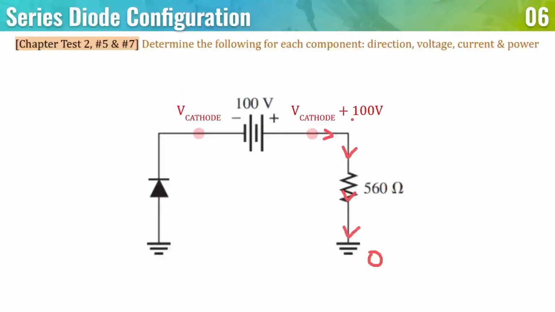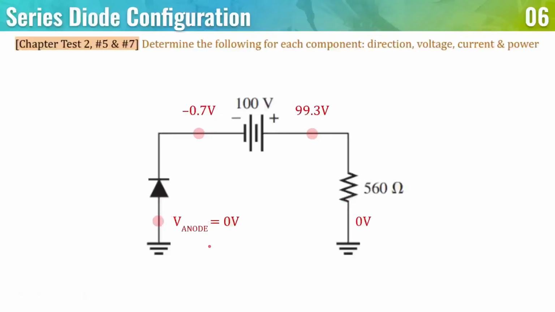So for example, 99 point something is going to flow down to 0. That is how we know that the direction is going in this way. So this is forward bias. Knowing that this is forward biased, from 0 volts, we have a voltage drop of 0.7 since it said earlier that all the diodes are made of silicon.